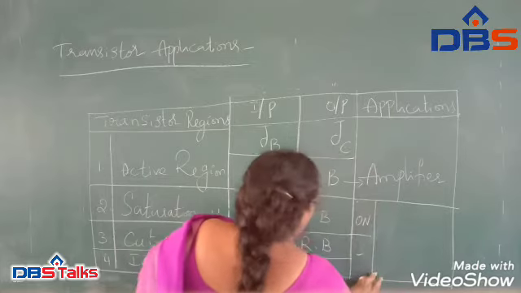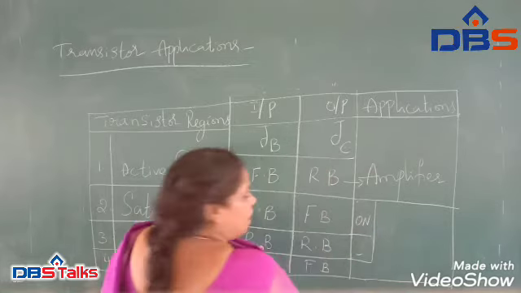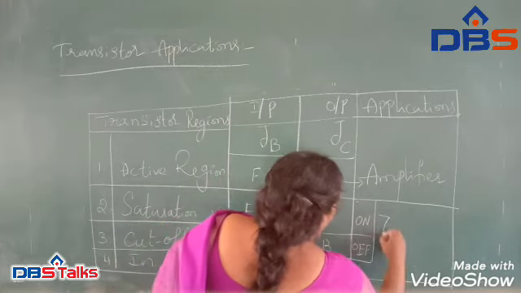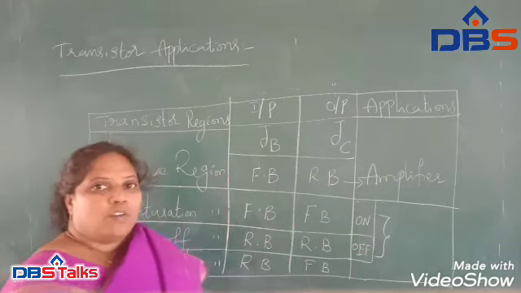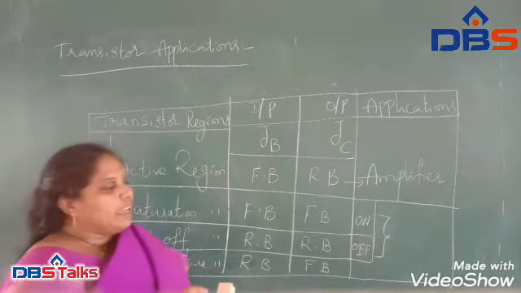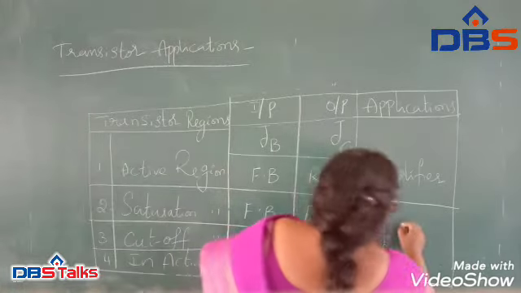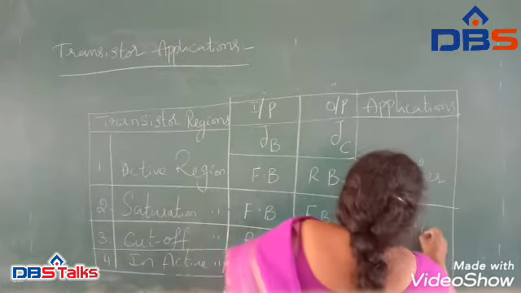When both are in the reverse bias state, the transistor is in the off state. When it is on and off, we can consider the device a switch condition. So we have to take here switch.